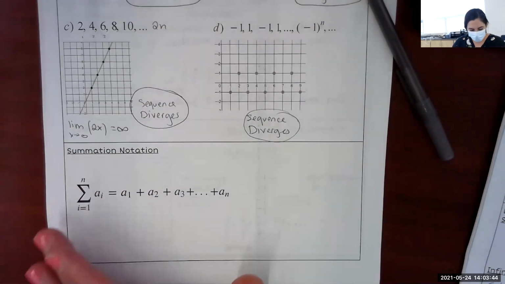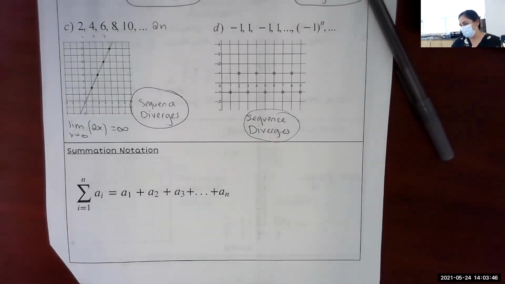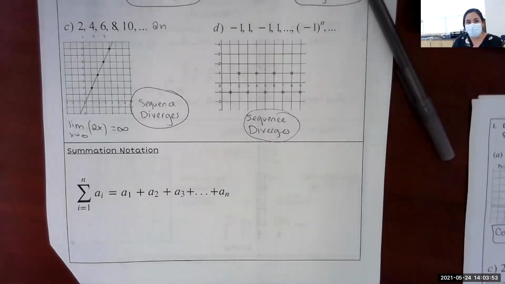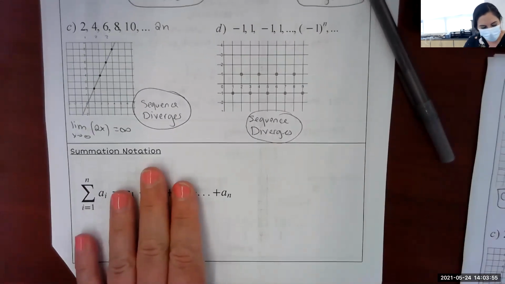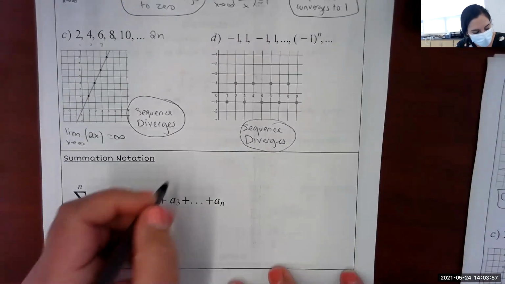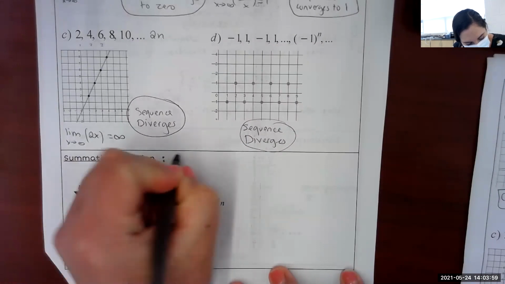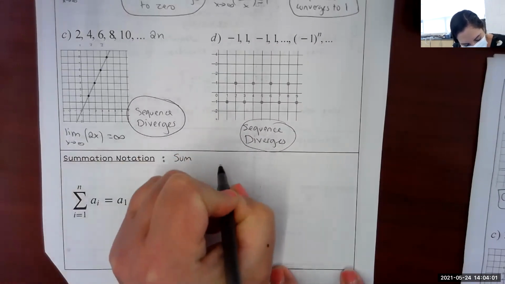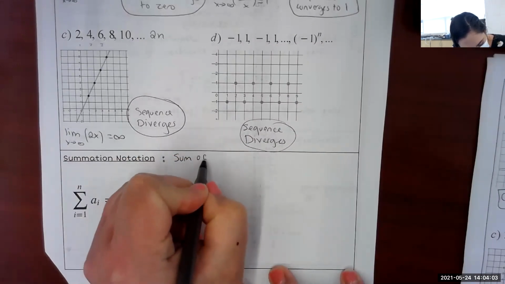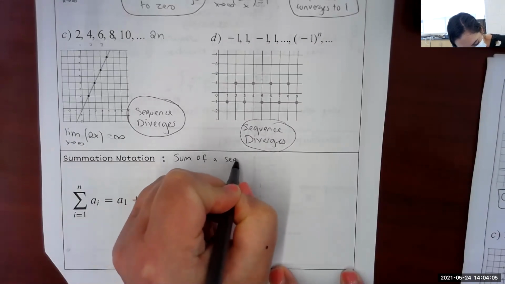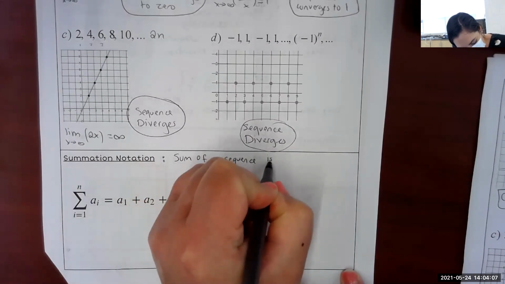So this is summation notation. I'm going to unpack what it is and why we use it. Summation notation is basically for a sum. A sum of a sequence is a series.